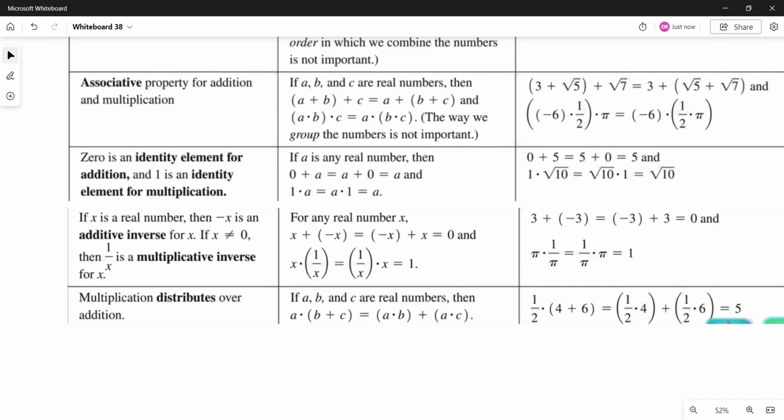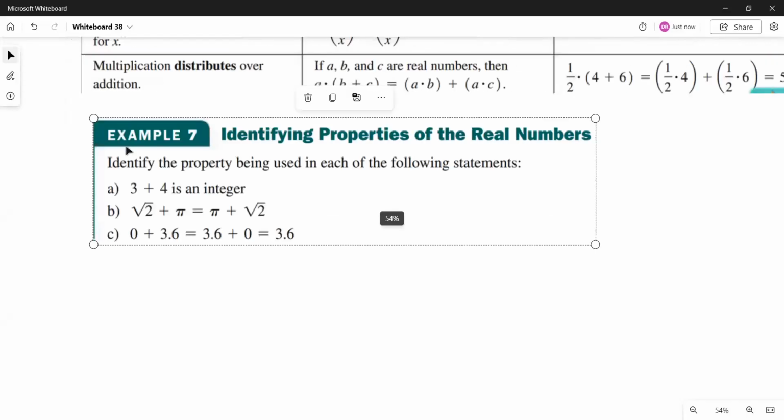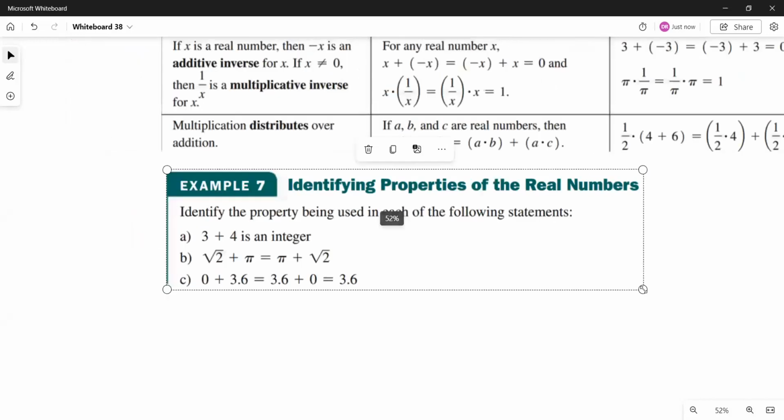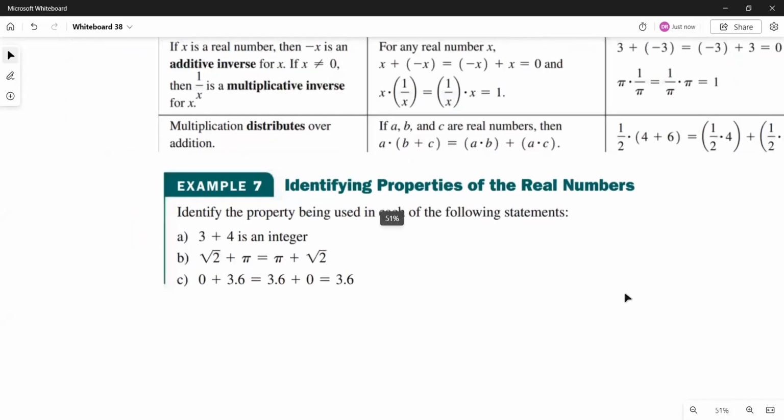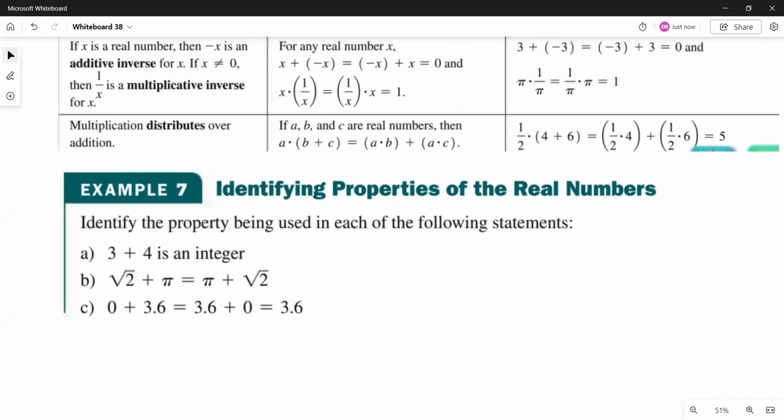So we're going to do examples. We're going to go over example 7. Okay, so I'm going to copy all parts. And then the next.